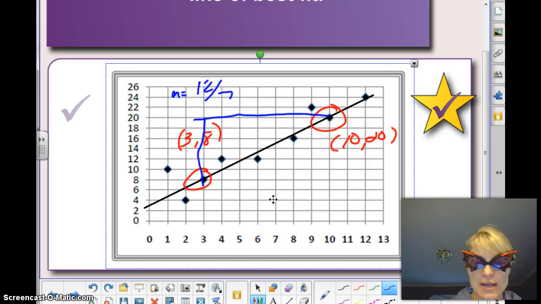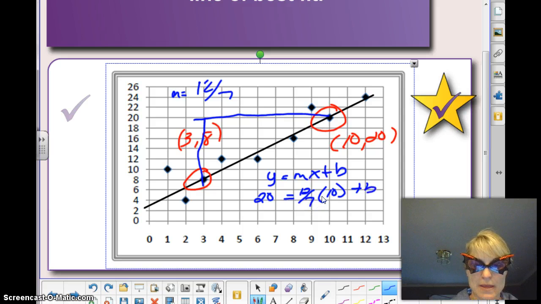So again, I can use slope-intercept form or point-slope form. Doesn't really matter. So I have y equals mx plus b. So I'll choose, these are nice numbers. So we'll do 20 in for my y, 12 over 7 in for my m, 10 in for my x, and plus b. So we multiply those, that's 120 over 7.